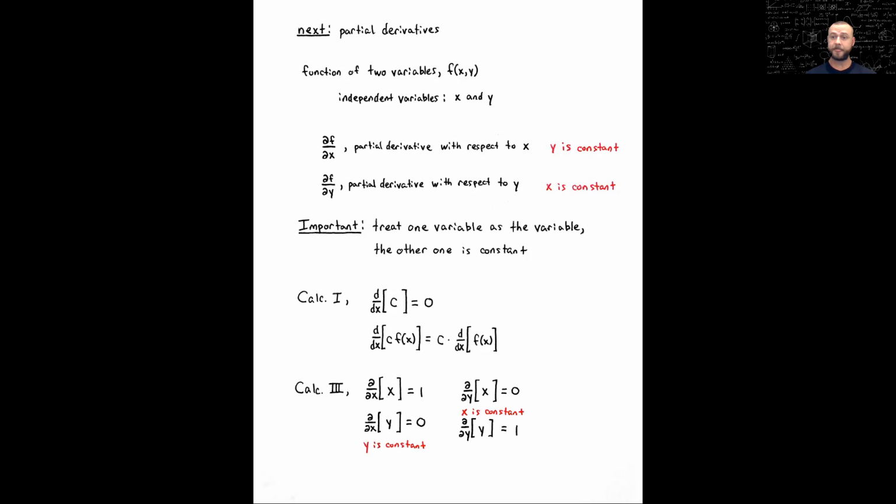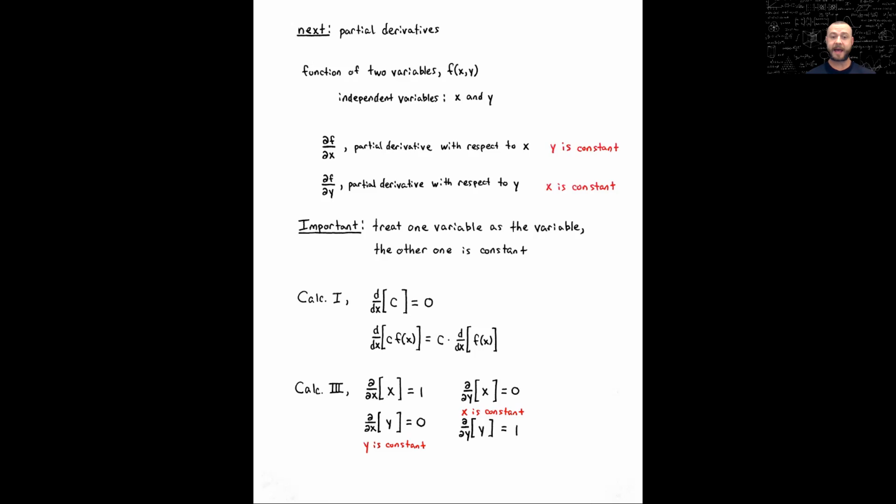All right, similarly, to mix up the variables, if we calculate, this is the right side, a partial derivative with respect to y of the function x, now x is thought of as being a constant, and the derivative of a constant would be 0. At the bottom there, the partial derivative with respect to y of y should be 1.